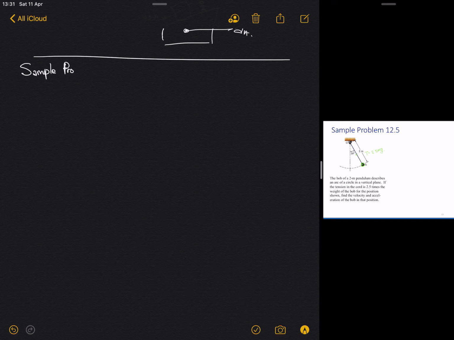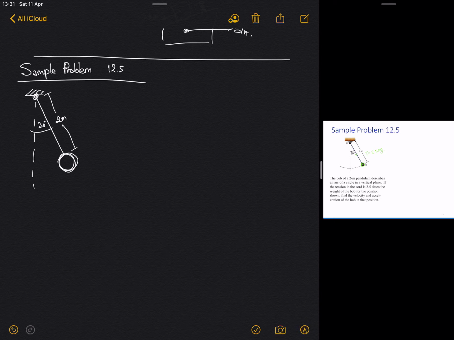Okay, so we have this pendulum. And then this is 2 meters. And then here we have 30 degrees.